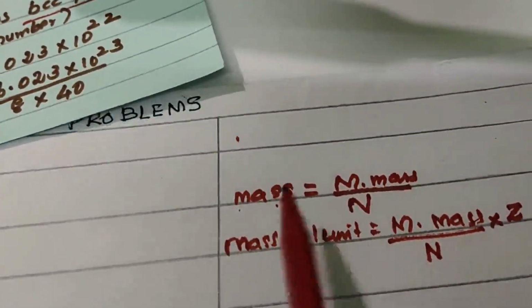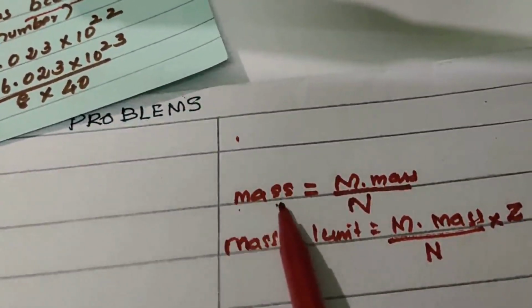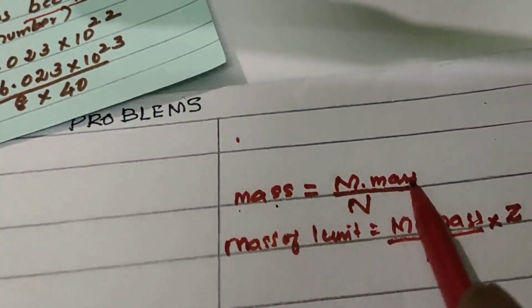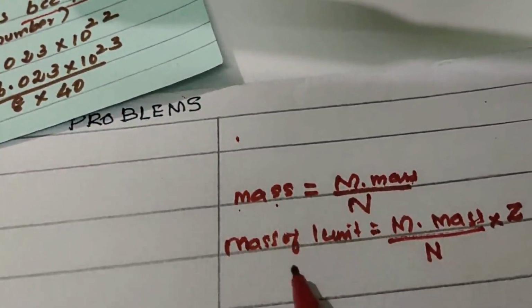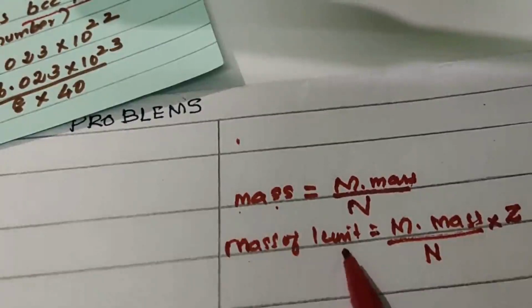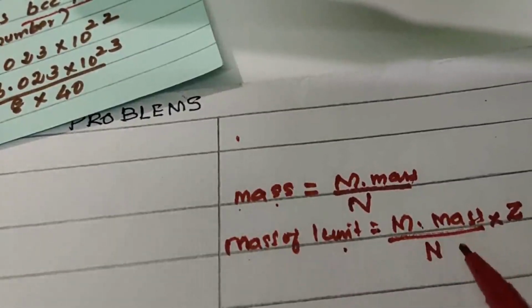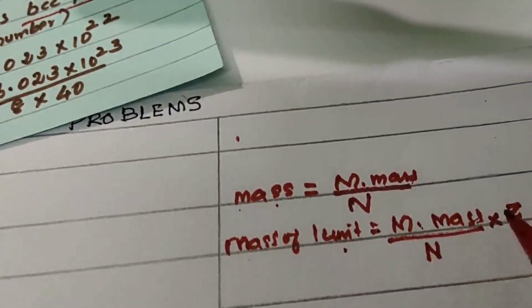So the mass of 1 gram of an element is calculated by the formula molecular mass divided by Avogadro number. Mass of 1 unit cell is molecular mass divided by Avogadro number into number of atoms per unit cell.